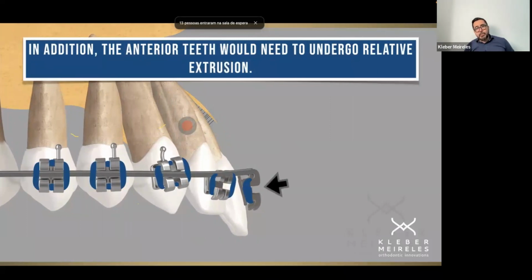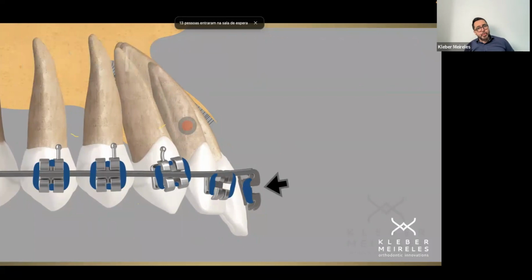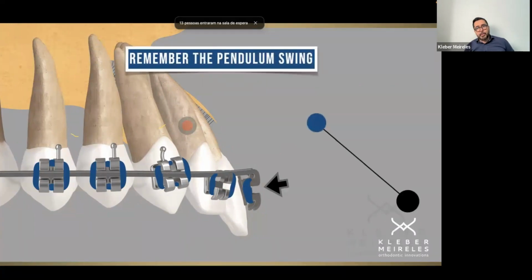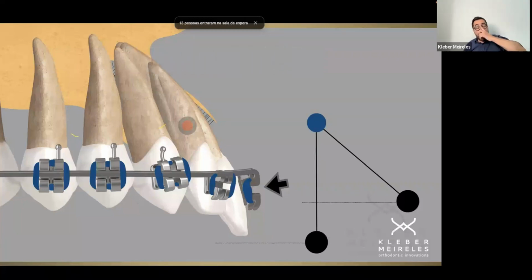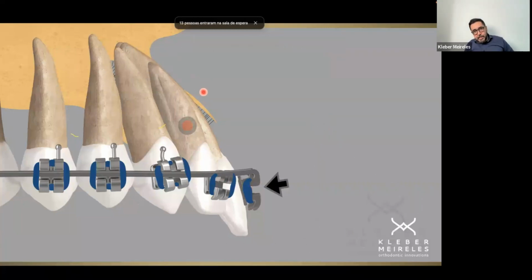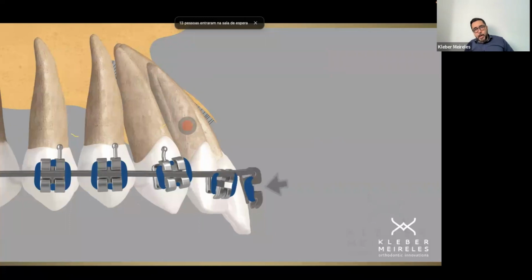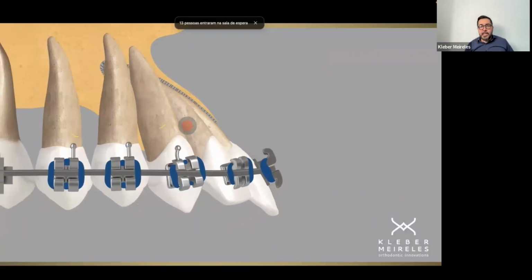So, in addition, we have to have this extrusion, and we can't. The pendulum is like this, so it goes downwards and distally. So we have the center of rotation being the center of resistance. Not possible, not possible. So if you do something like that, and you insert the rectangular arch wire with no torsion inside the slot of anterior teeth, what's going to happen?